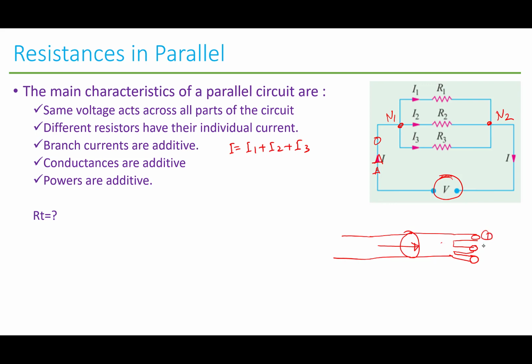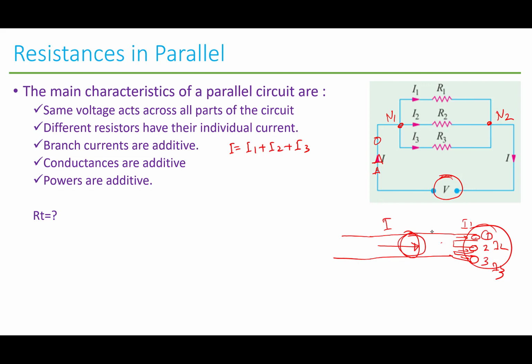So pipes 1, 2, 3. The total flow is I, and the individual flows are I1, I2 and I3. Summing all these three currents gives the main current.